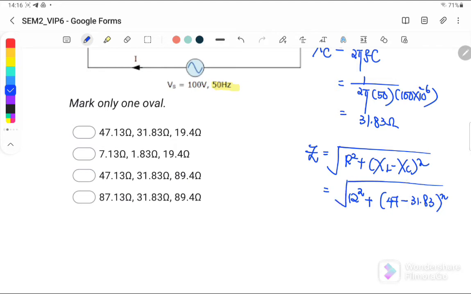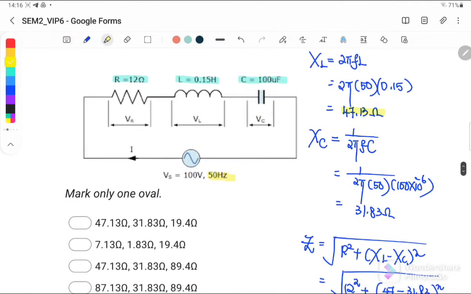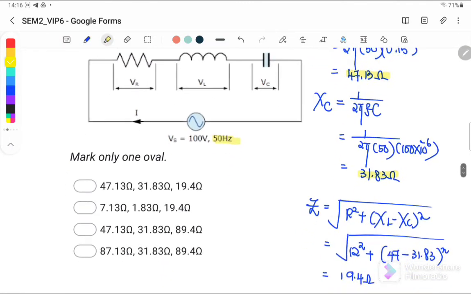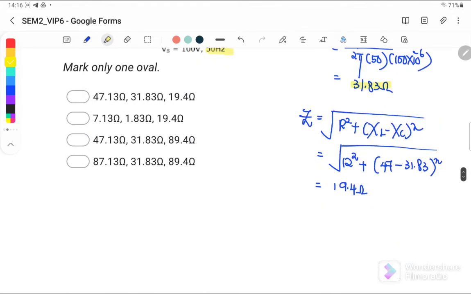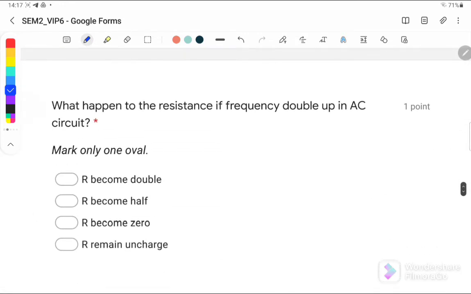Therefore the impedance that we will get here is actually equal to 19.4 ohm. So the answer here is XL is 47, XC is 31.83, and then Z is 19.4. So the answer here is A. Next we'll go to question number 10.